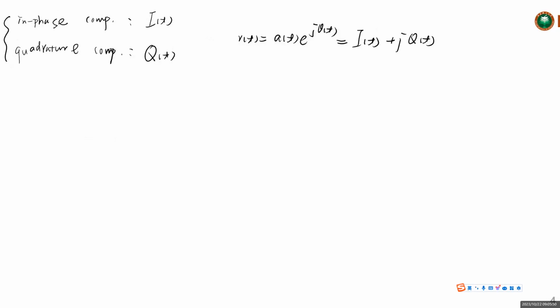And what are we going to do now? Now we're going to compute the instantaneous power.